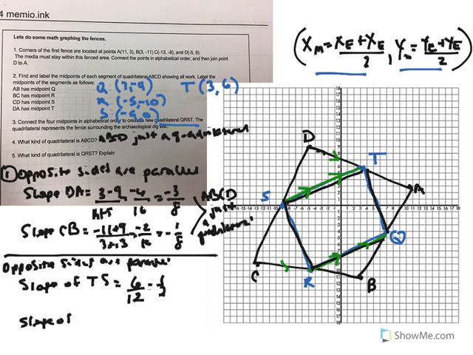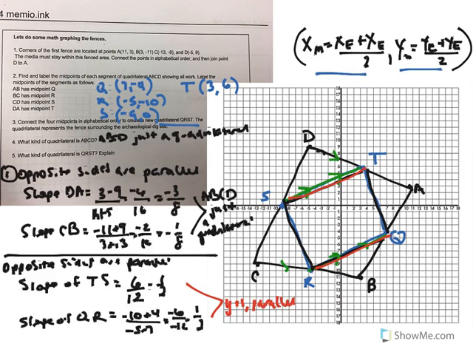And then I found the slope of QR, which is -10 plus 4 over -5 minus 7 equals -6 over -12 equals +1/2. They have the same slope. ST is parallel to RQ, so we say yes, parallel.